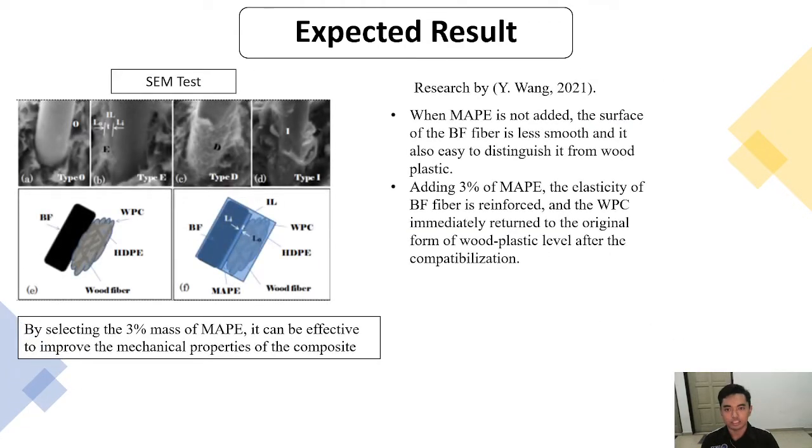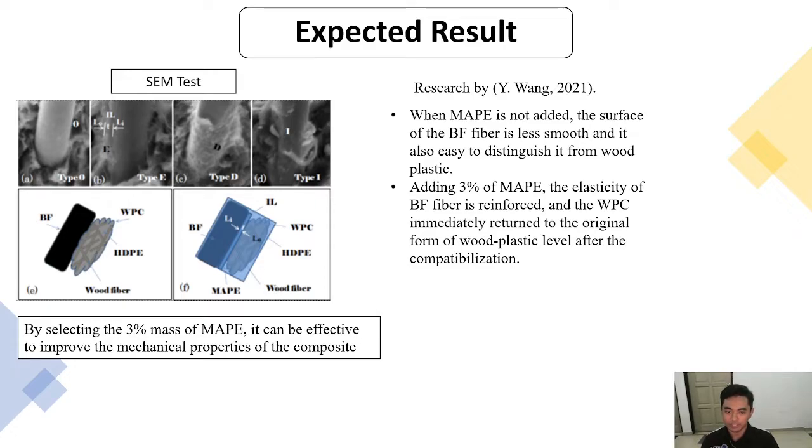And the last one is the expected result of the SEM test. In the research by Y. Wang 2021, when MAPE is not added, the surface of the fiber is less smooth, and it is also easy to distinguish it from the wood plastic.